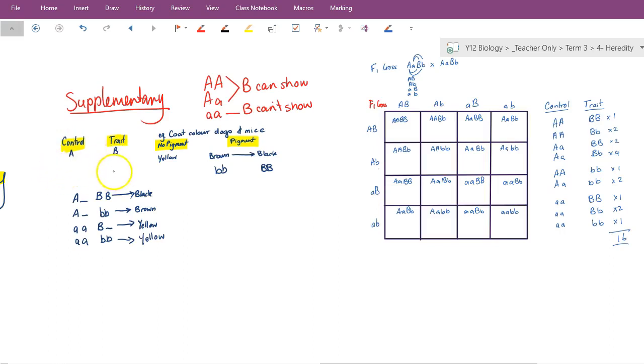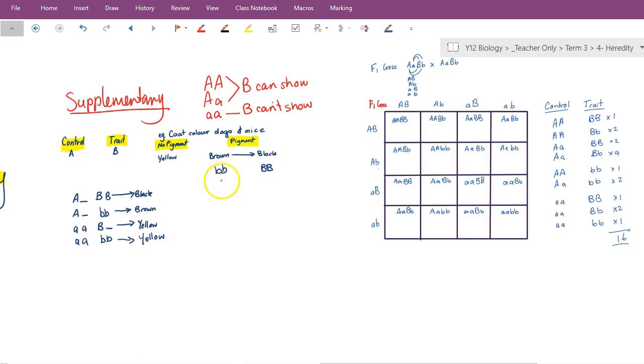So that's supplementary. So if you have the homozygous or the heterozygous version of A, B can show. If you have the homozygous recessive version of A, the protein doesn't work, and therefore B can't show itself, even if there is a big B present. So think of it in the case of dogs and mice. Both of them have this thing going on with their coat colour.